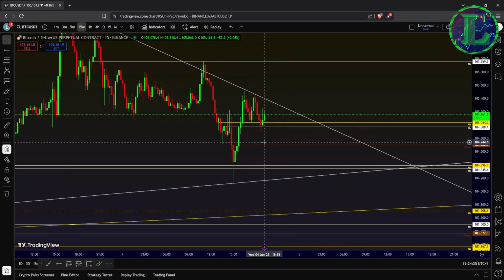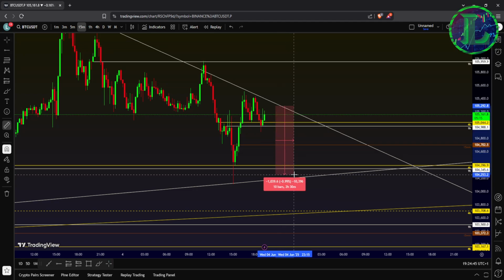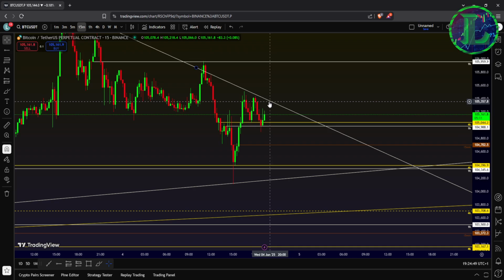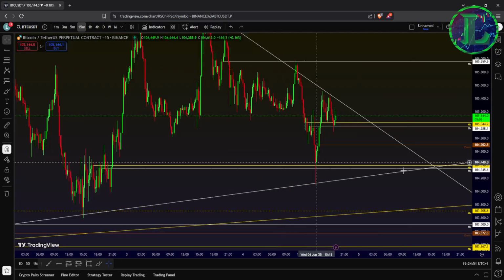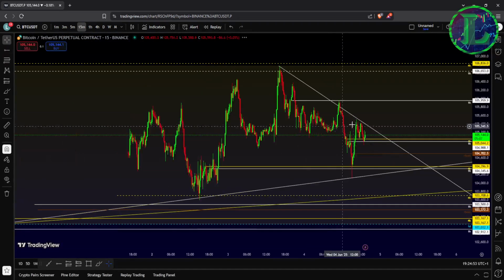So this is kind of risky. I'd rather wait to see if we are going to test the trend and reject again. And yeah, but I don't want to short this. Still 1% if we short from the trend to this trend.